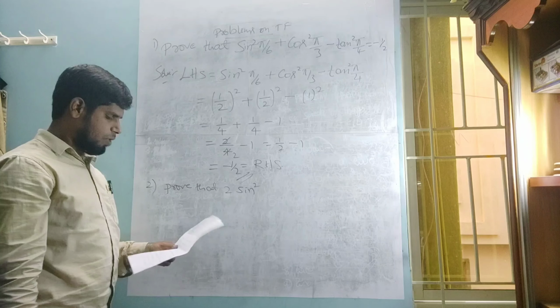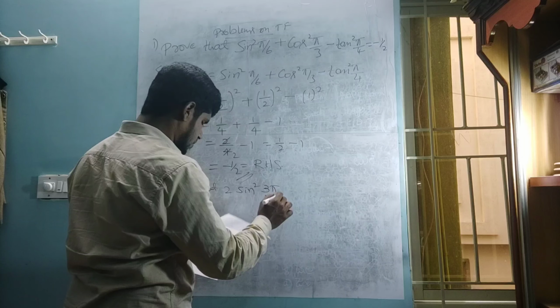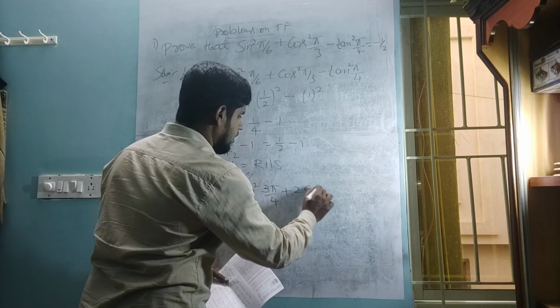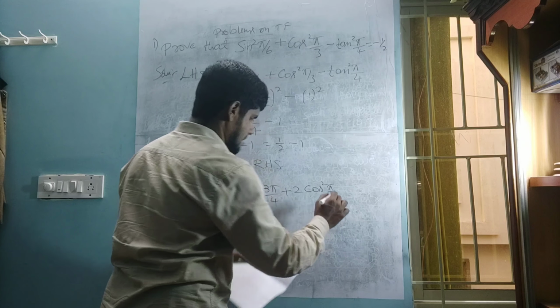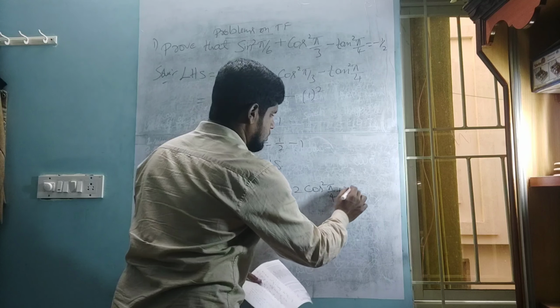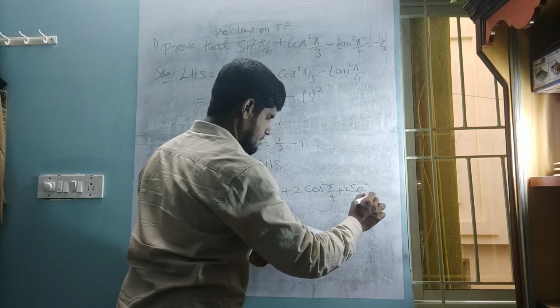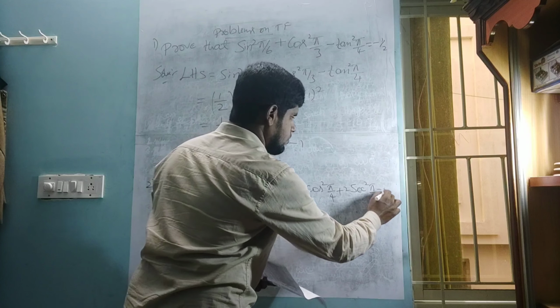2 sine square 3 pi by 4 plus 2 cos square pi by 4 plus 2 secant square pi by 3 is equal to 10.